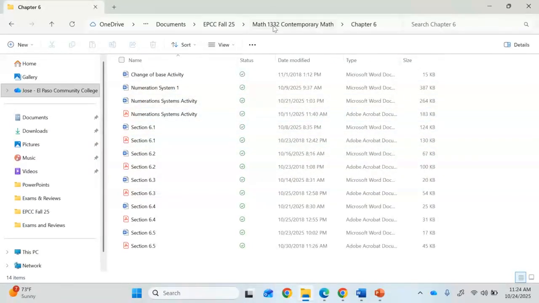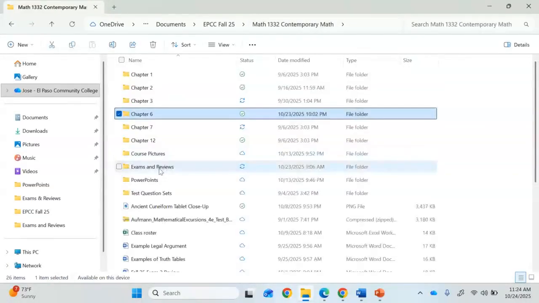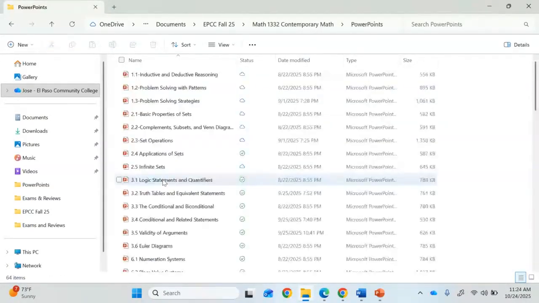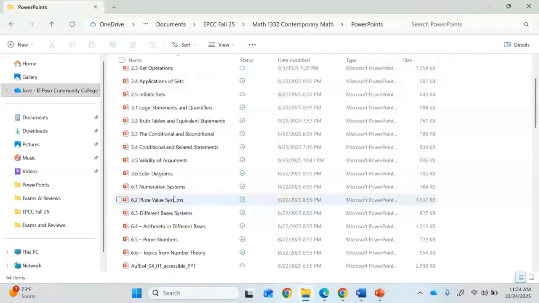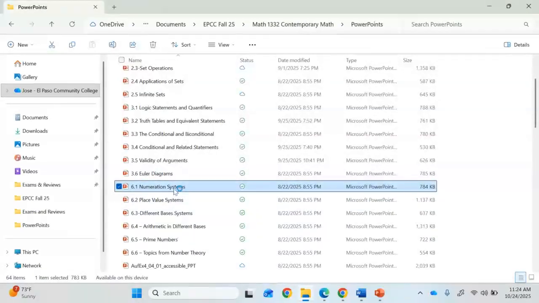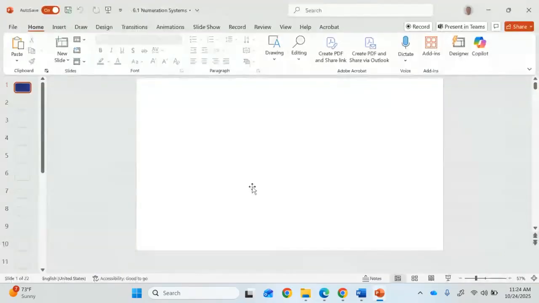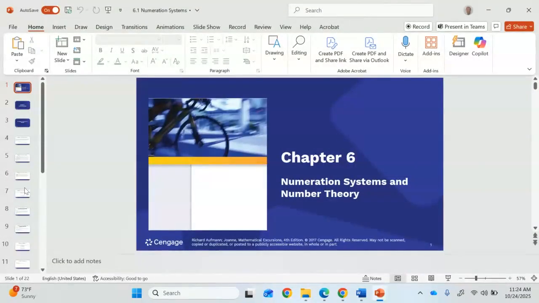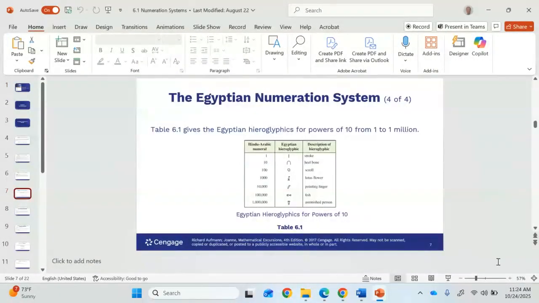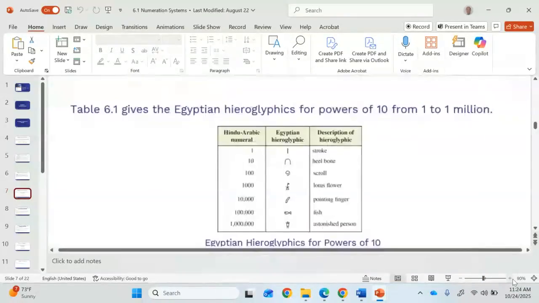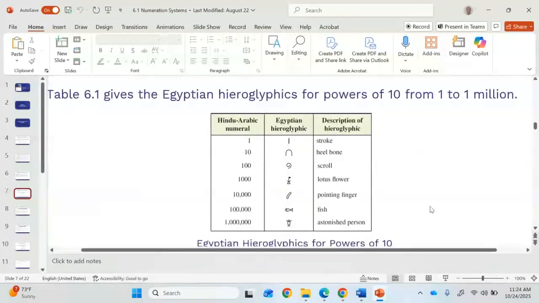What I'm going to do is just open the PowerPoints directly so that I can get all of the symbols that I need. I'm going to be going back and forth between these ones. To change a number from Egyptian numeral into Hindu Arabic, we need to remember the symbols.